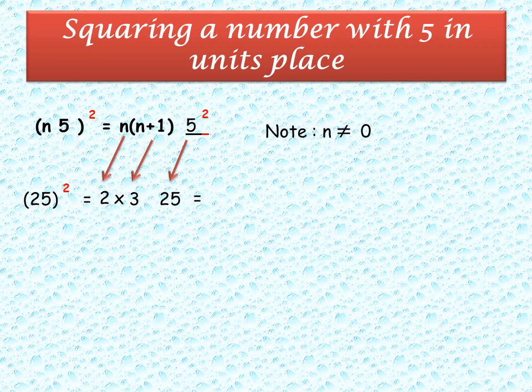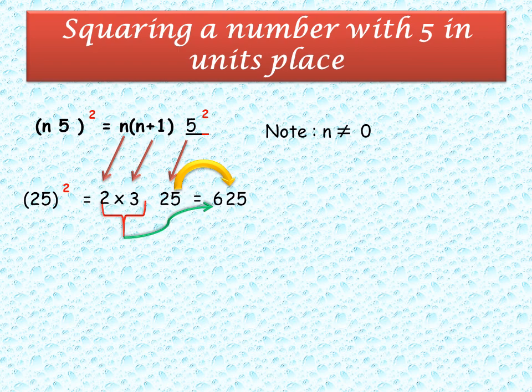We write the 25 as it is and add the product of n into n plus 1 before this 25. The product of 2 into 3 is 6. If we add it before 25, we will get our answer. So 25 square is 625.